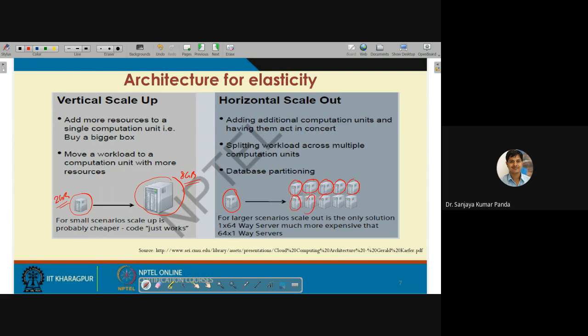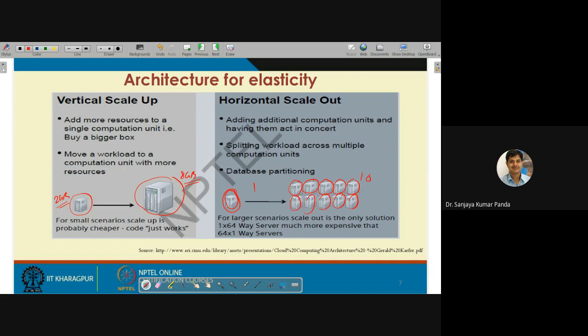Today you have used one server, but you have increased to 10 different servers. Whatever work is done by this particular server is now split into 10 different computational units. Similarly, not only computation, but storage and database can also be divided into 10 different units.